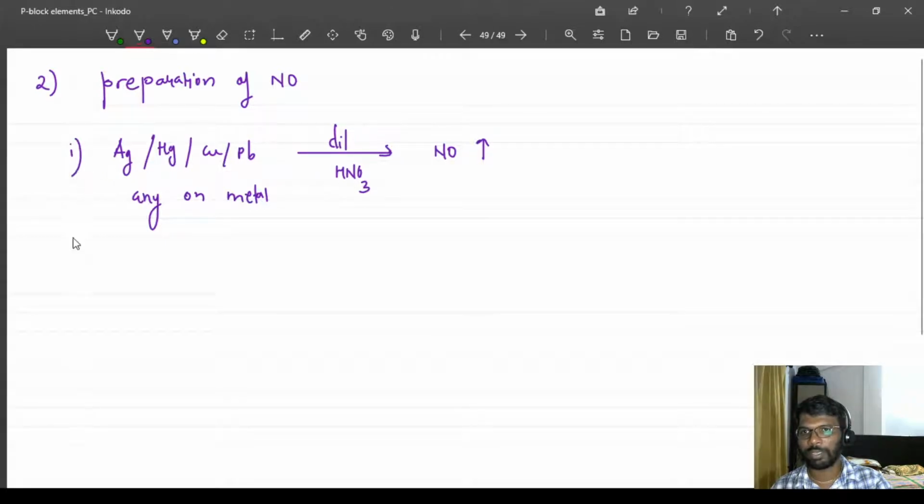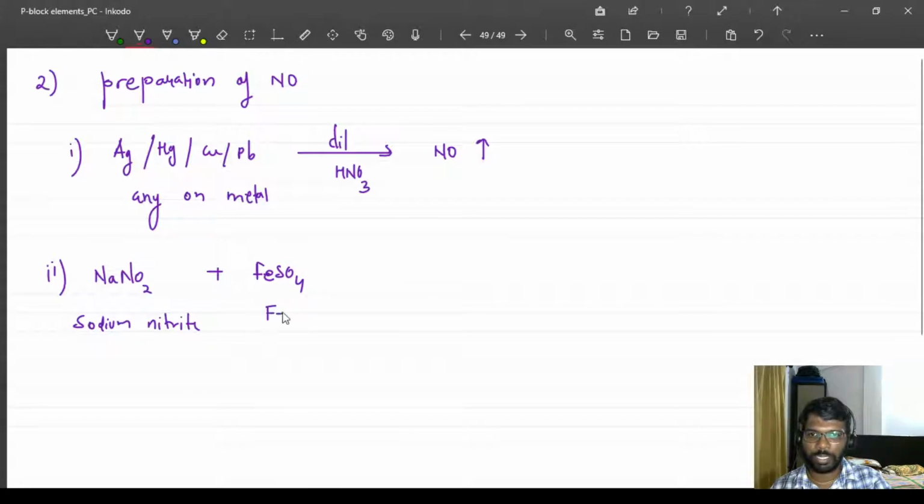This is the first method. The second is from NaNO2, sodium nitrite. This is sodium nitrite plus FeSO4, which is called ferrous sulfate, then H2SO4.